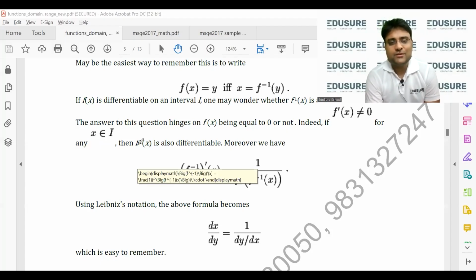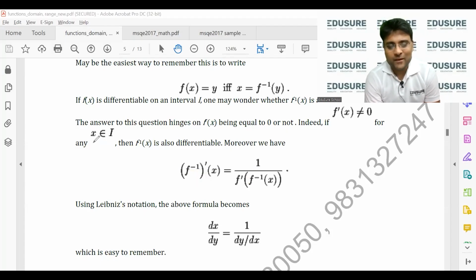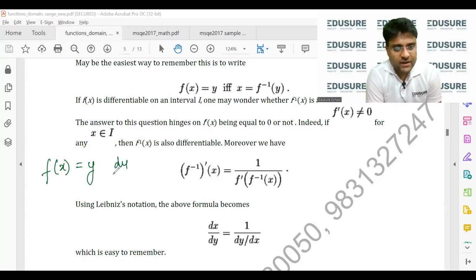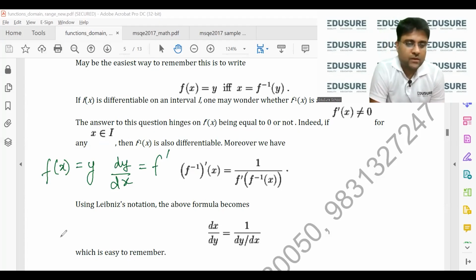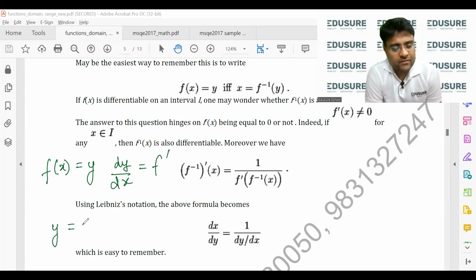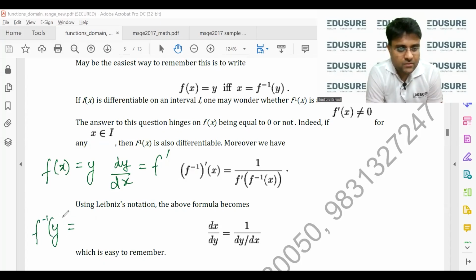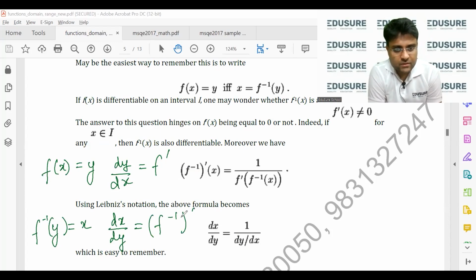The derivative is actually not very difficult. If I have y is equal to f x, dy by dx will be the derivative, which is equal to f dash. Then I write x in terms of y. So f inverse y will be equal to x, or dx by dy will be equal to the derivative of f inverse. Now what is the relationship between dy by dx and dx by dy?